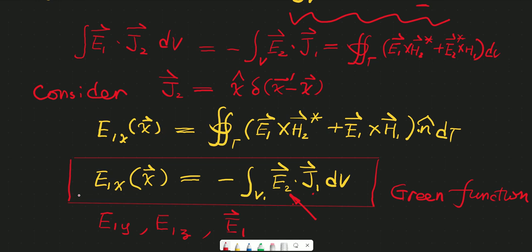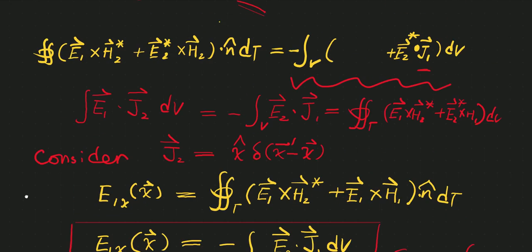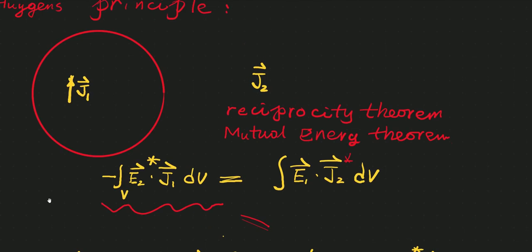And here, that means if you do not know the current, however, if you know the electric field E1 on the gamma, and also H1 on the gamma, the field outside, like this point E1x, can be obtained from E1 on gamma.